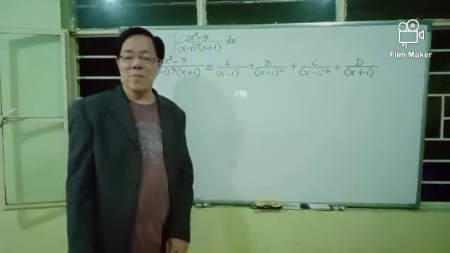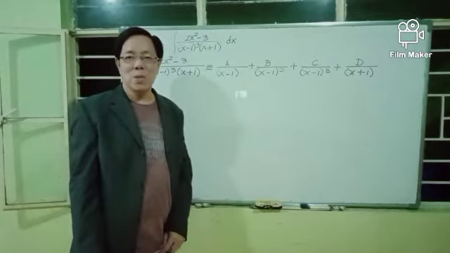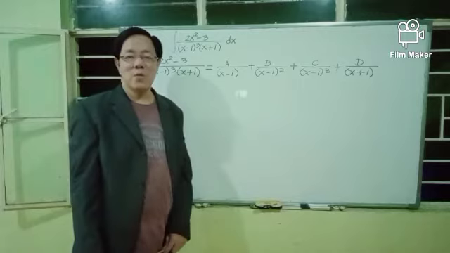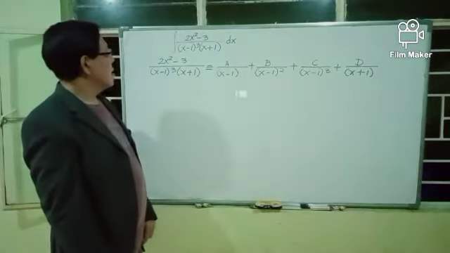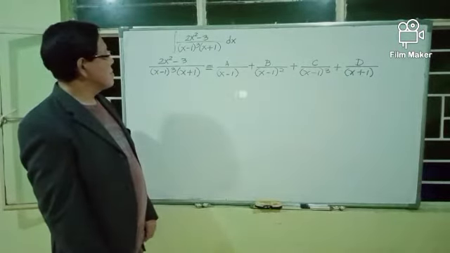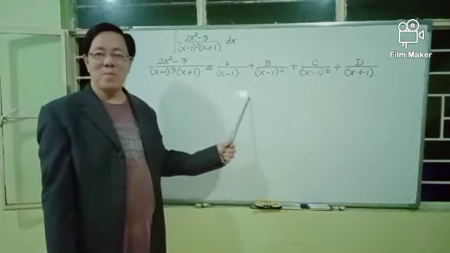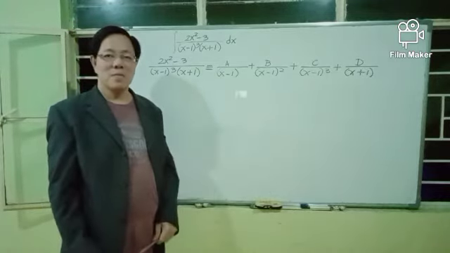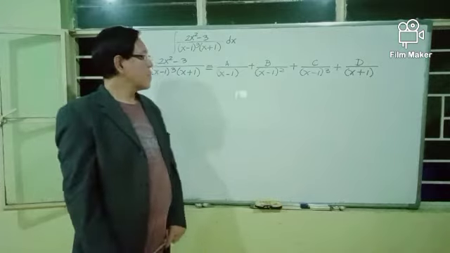Now, the next step that we usually do is eliminate the denominators by multiplying both sides of this expression by the LCD. And we do that.